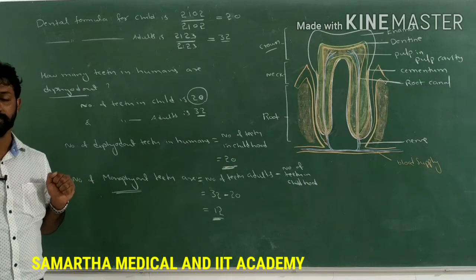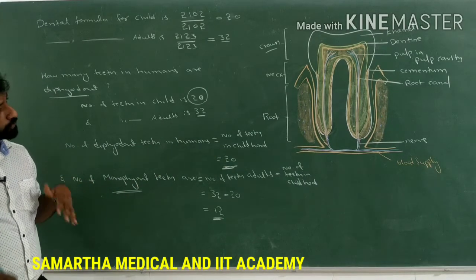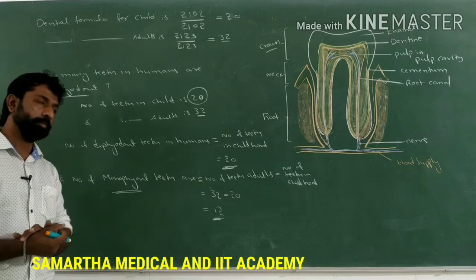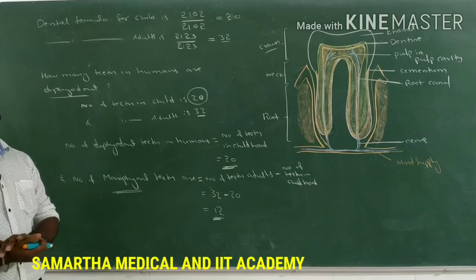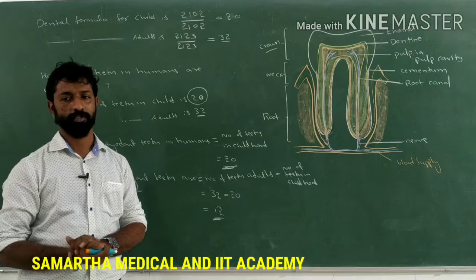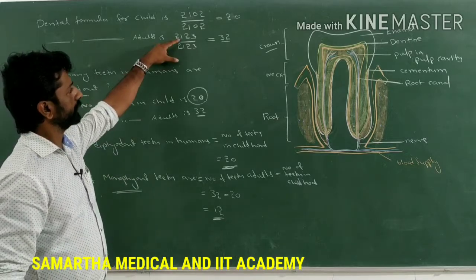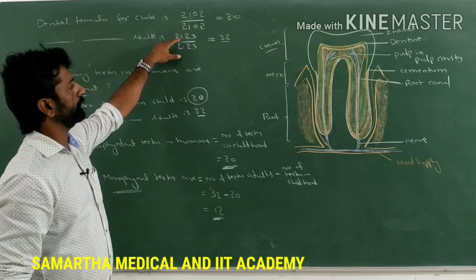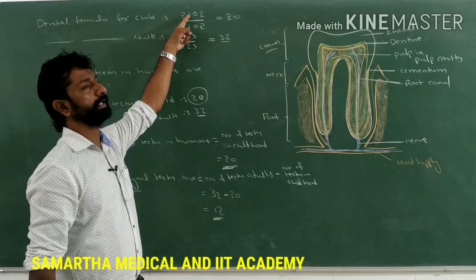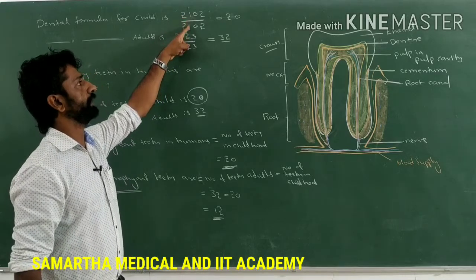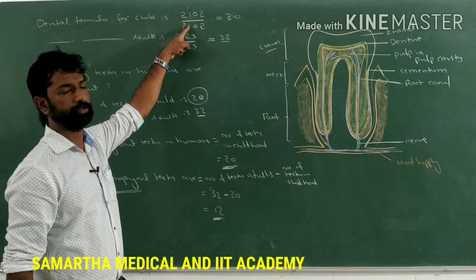Is it clear? Then they may also ask how many canines are diphyodont in nature. The canines appear one in half of the upper jaw and one in half of the lower jaw in childhood.